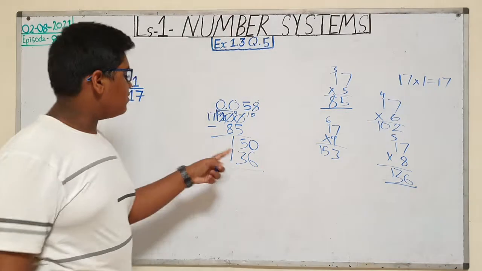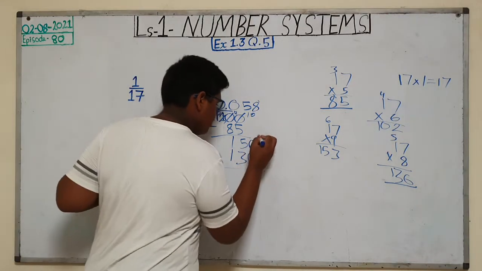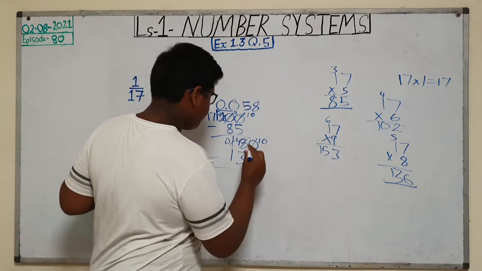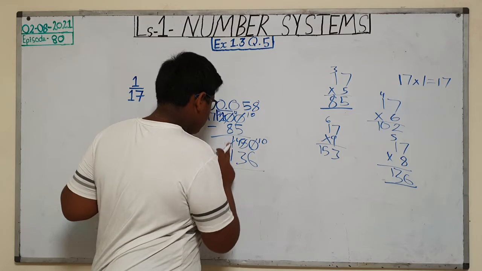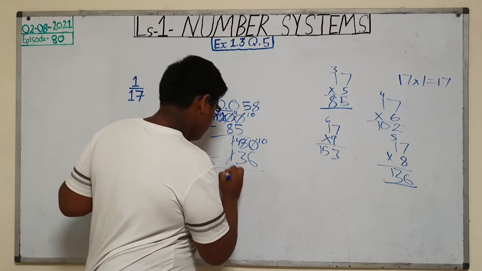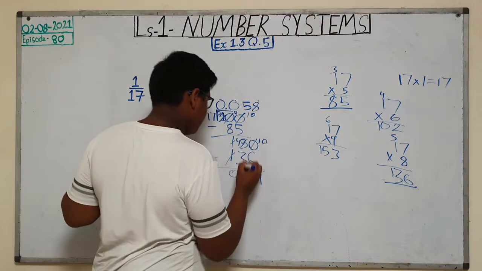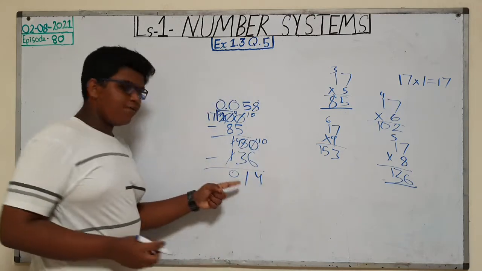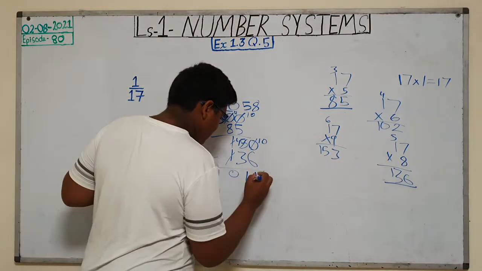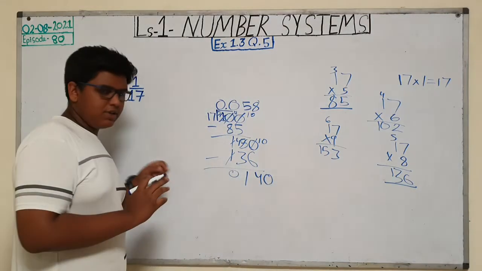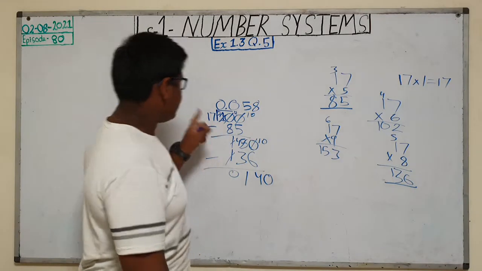Then we subtract 136. Now we will borrow. This will be 10, 4, and this will be 0. So 10 minus 6 is 4, 4 minus 3 is 1. Now we have 14, and when we have 14 we can add one more 0 because 14 is smaller than 17.